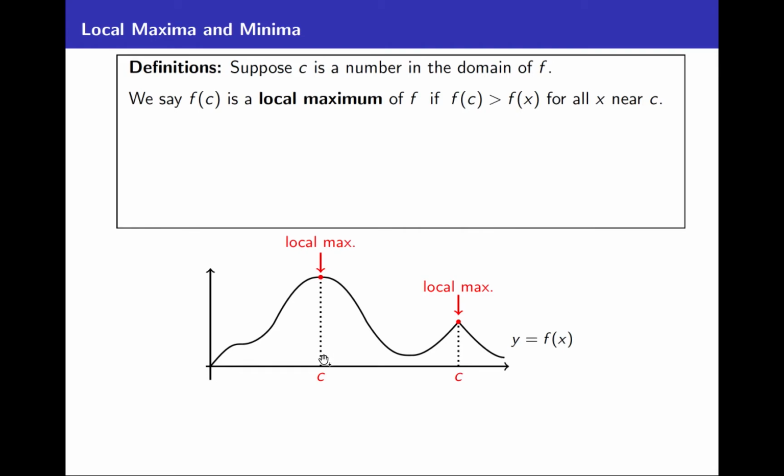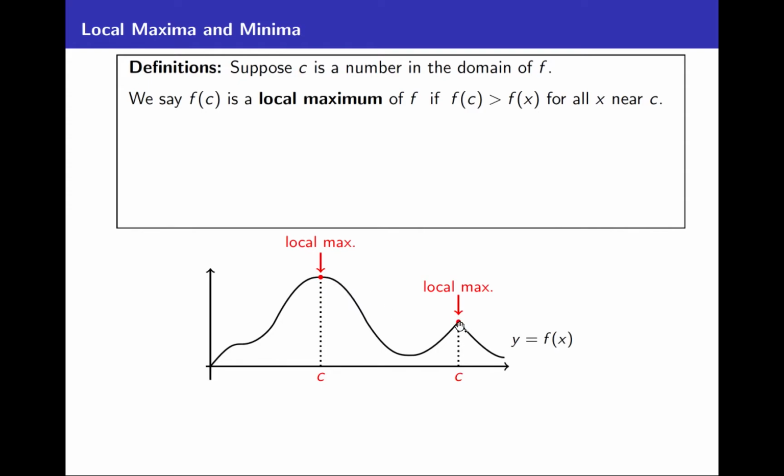If you take a value of x that's close to c, like right here, f of x is going to be a little bit less than f of c. So for this point c, f of c is greater than f of x for the x that are close to c. And so we call this y value, f of c, a local maximum.